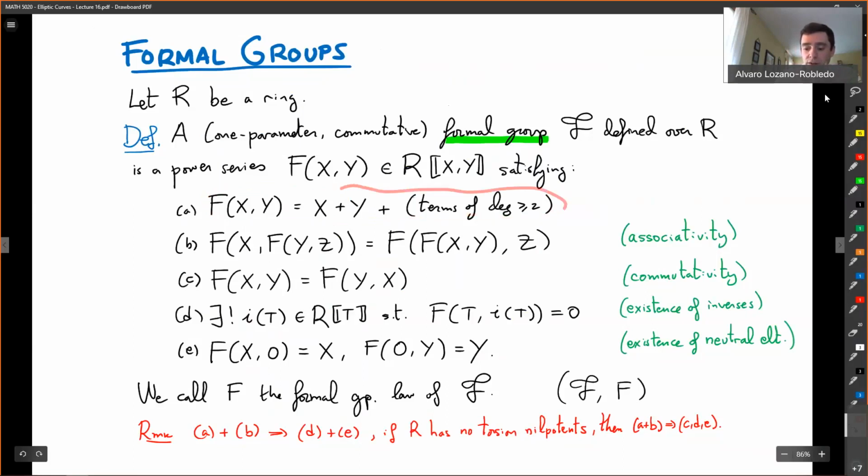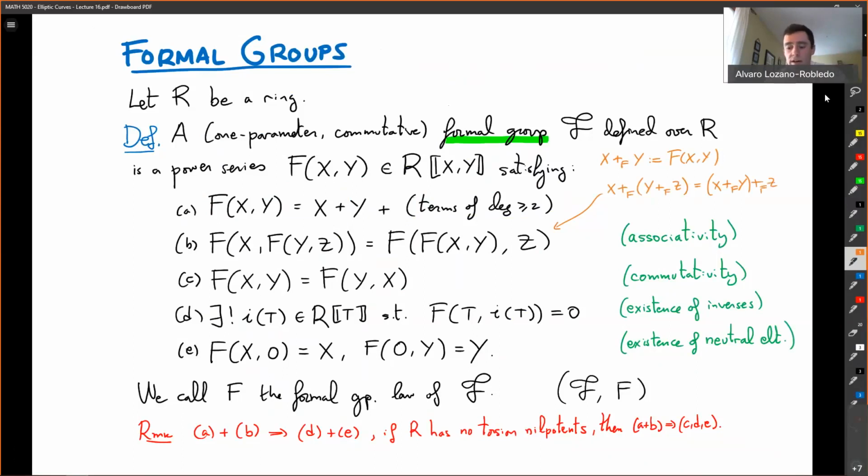It is associative. Remember that we said, if you think of this capital F as a sum, then you can also write this. If you define for notational purposes x plus_F y to be F(x, y), then this property just reads x plus_F (y plus_F z) equals (x plus_F y) plus_F z, which is just the usual associativity.